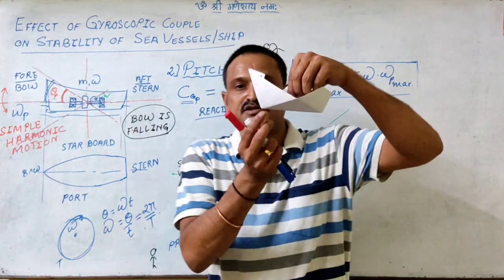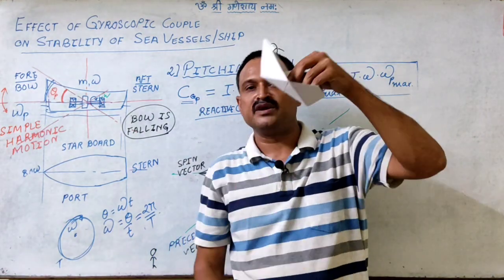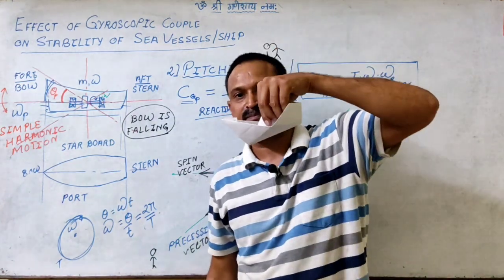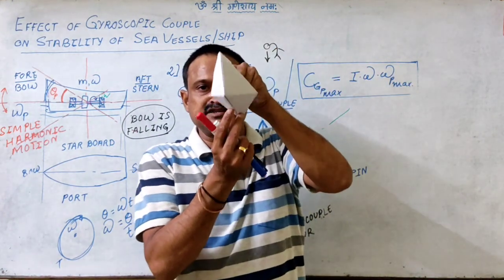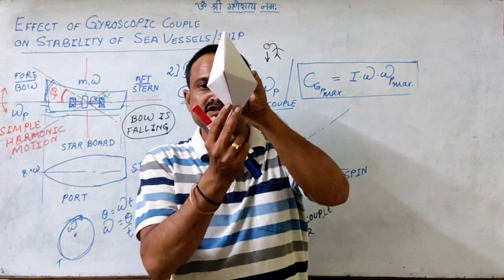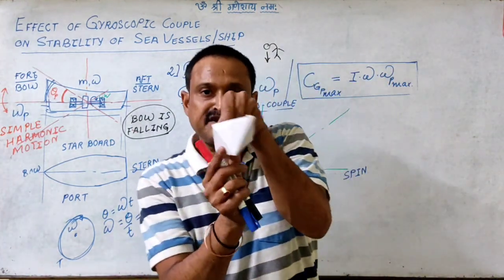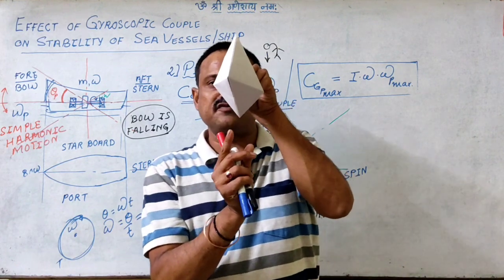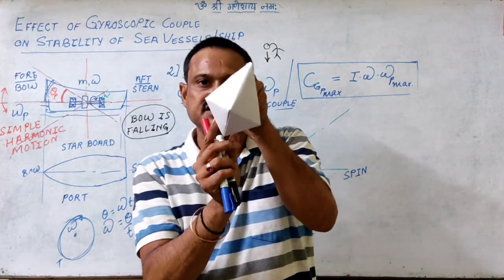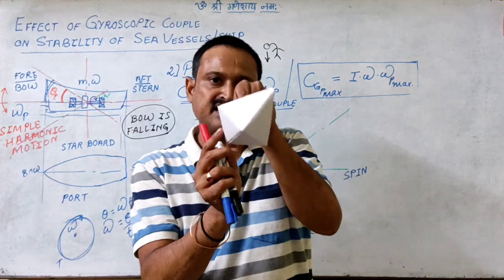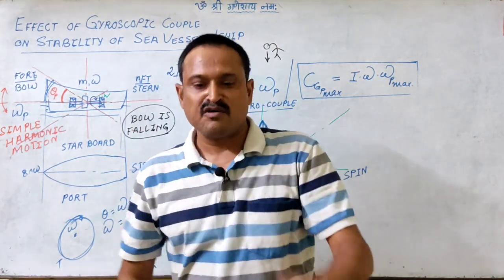So when the bow is falling down, it is supposed to fall straight, but it is not falling straight. It is falling in a counterclockwise sense, falling this way. Right? So it has a twist while falling down.